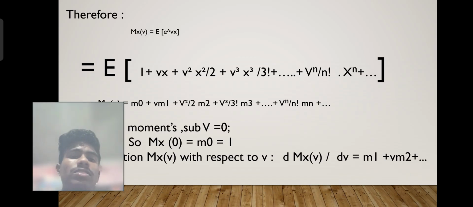Differentiating M_X(v) with respect to v, dM_X(v)/dv equals 0 plus m_1 plus v m_2 plus so on.